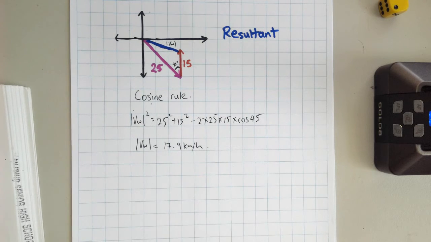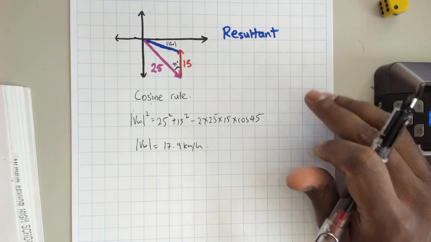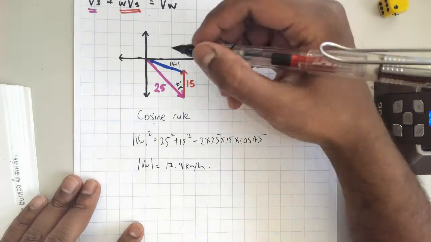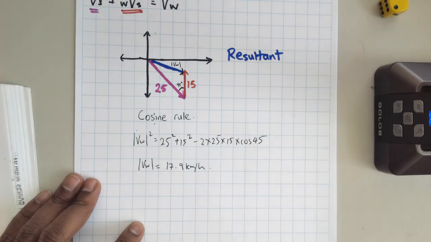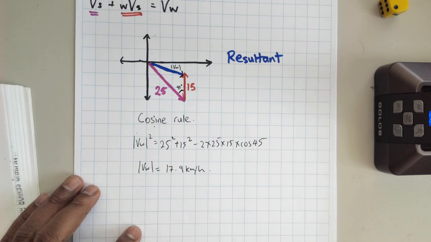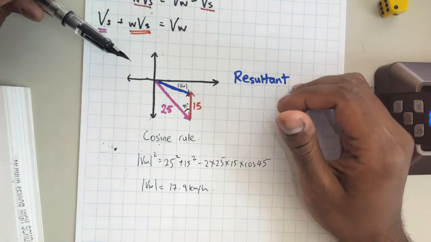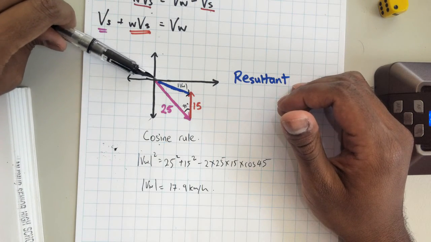Alright, now we want to get the angle, or to find the bearing of the wind. Well, where's the direction? Now it's actually going this way. So the direction of this is actually going to come that way.